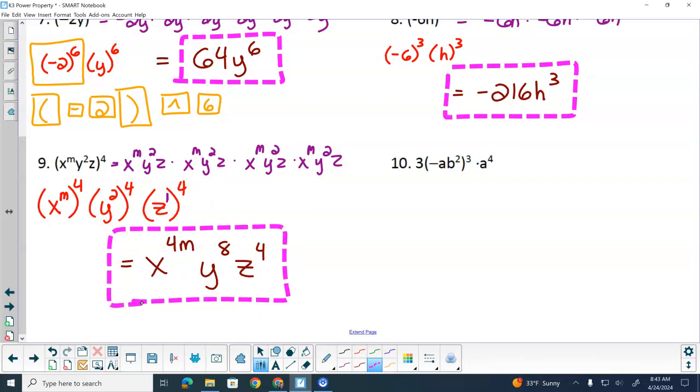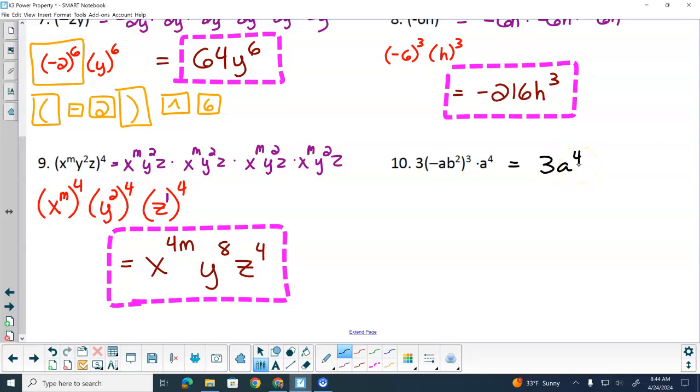Love it. In number 10, is the 3 being controlled by an exponent? No, it's not. Is the a to the 4th power at the end being controlled by another exponent other than the 4th? No. So those 2 aren't being controlled, so we could write them first. Right?